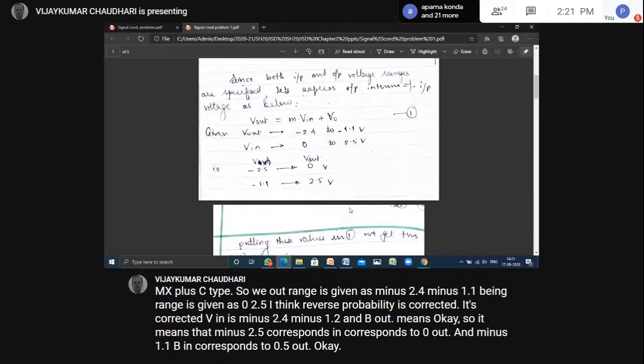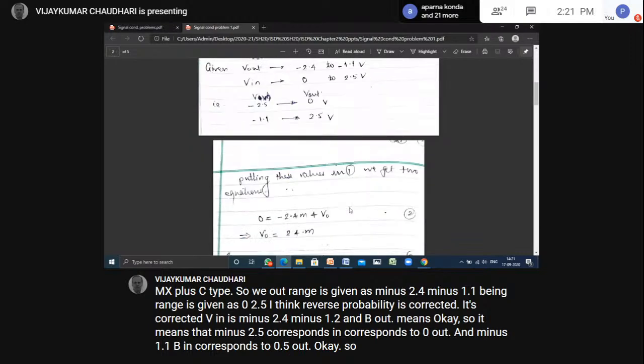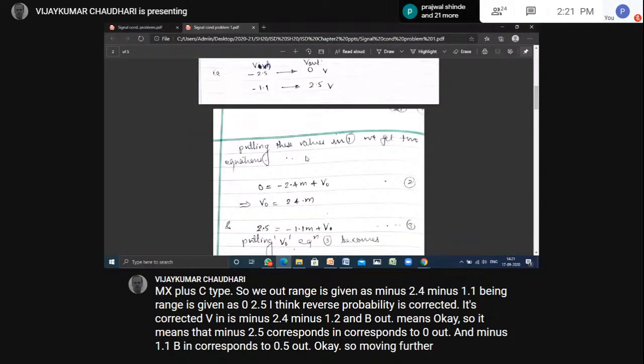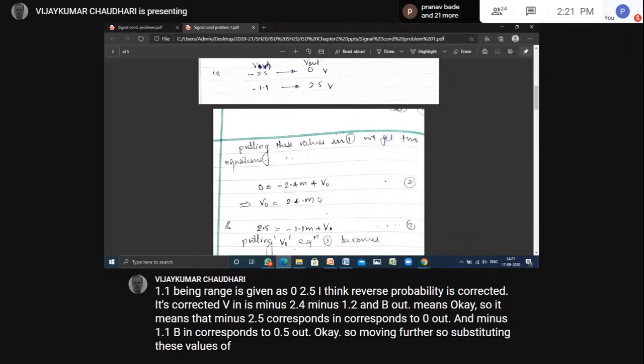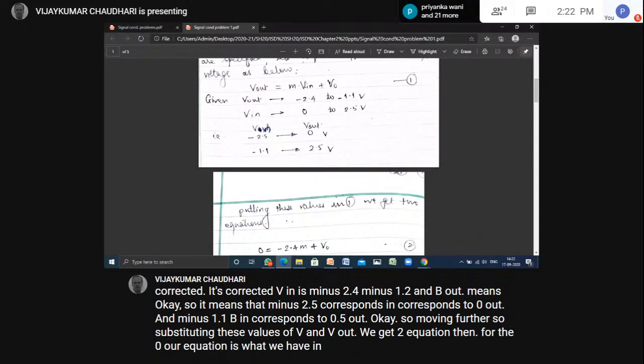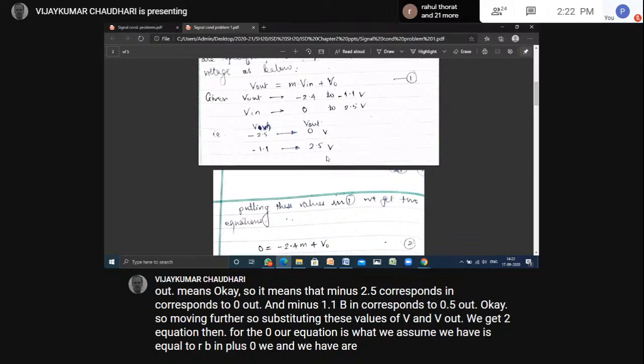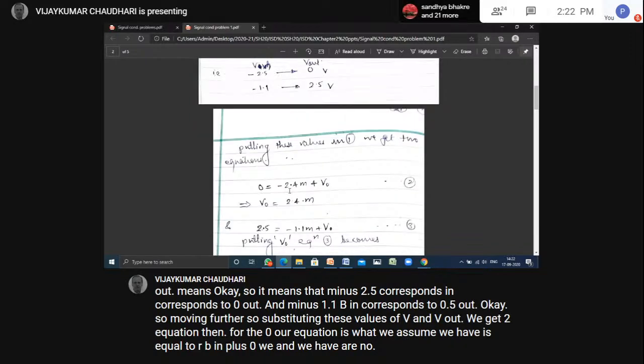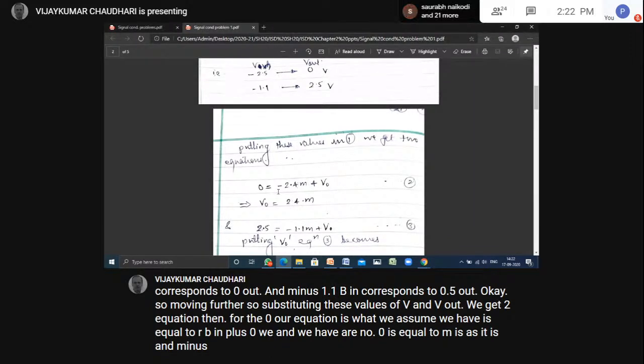Right. So moving further, substituting these values of V in and V out, we get two equations. Our assumed equation is V out is equal to m V in plus V0. So V in and V out are known. So 0 is equal to m into minus 2.4 plus V0.